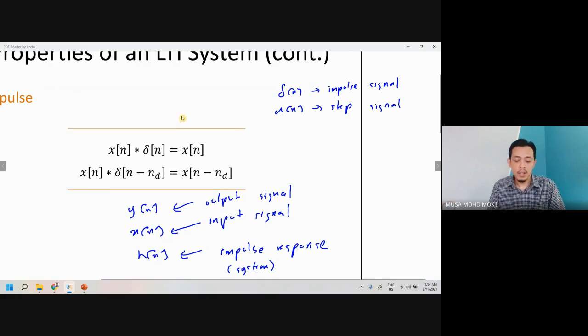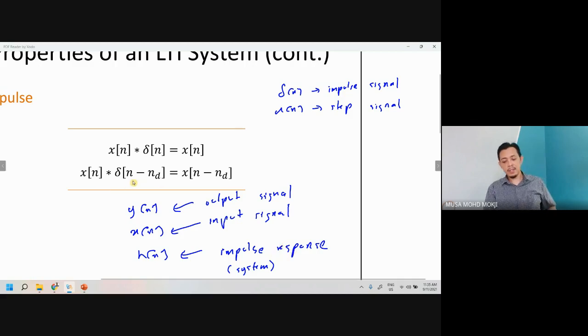So, with two basic signals, if we have the impulse signal and do convolution, again, this is not multiplication, this is convolution. If you do convolution of any signal with delta n, you will get that signal back; you cancel out the delta n. And if you do convolution with a delayed impulse, not impulse response, this is the impulse signal. hn is the impulse response, so be careful with the names and notation.